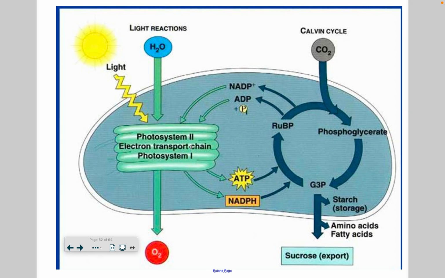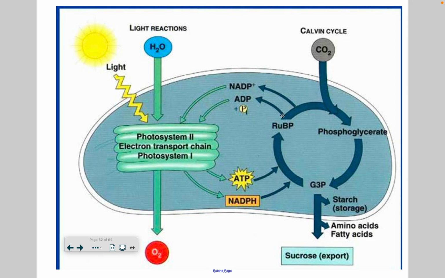The hydrogen ions that got pumped across are going to go through ATP synthase, and they're going to make ATP. When water splits, oxygen is made. So then ATP and NADPH are used in creating RuBP, so that CO2 can be brought in.